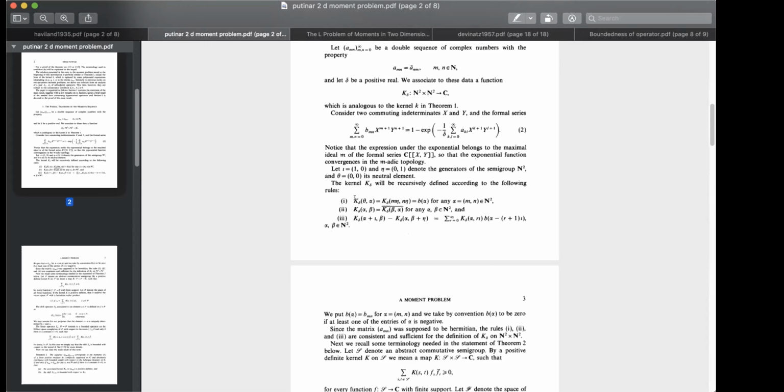So the first one, meaning just that this kernel is going to be invariant if you shift on some lattice.